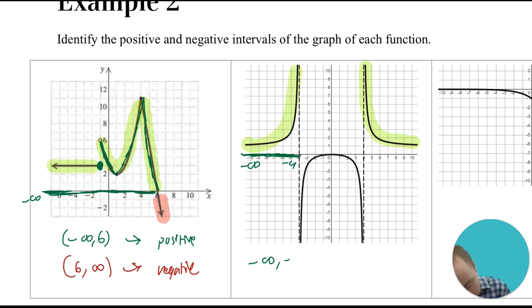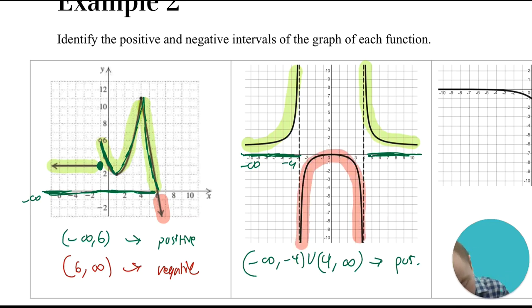So negative infinity until you get to -4, it's positive there. And then this interval goes from 4 to infinity. And then if you wanted to put a union symbol, that'd be great. And that tells you where the function is going to be positive. And then this whole continuous little chunk right here, which is squeezed between -4 and 4, that interval is going to be a negative interval of the function, of course, right?